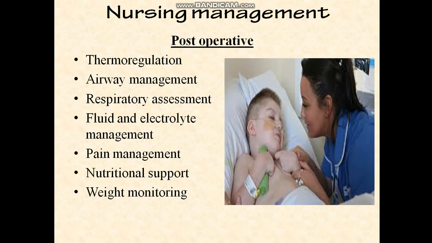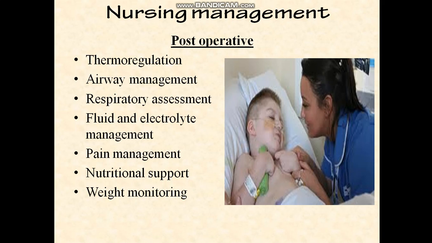The other measures include pain management. So in order to have pain management, administer judicious amount of analgesic agents as prescribed by the physician. So physician പറയുന്ന അനുസരിച്ചുള്ള analgesic agents കുട്ടിക്ക് കൊടുക്കണം in order to control the pain.